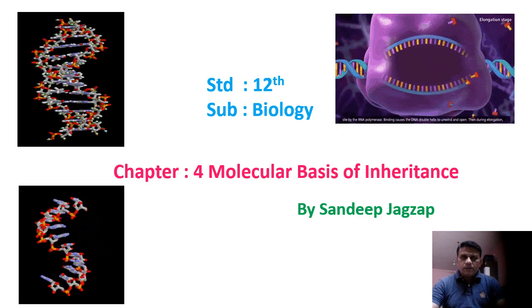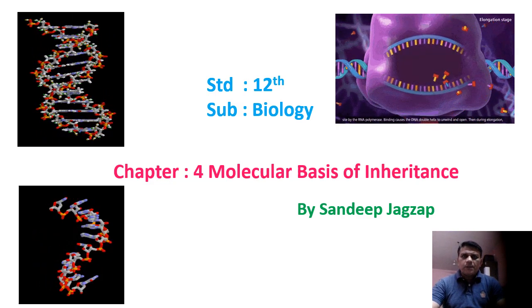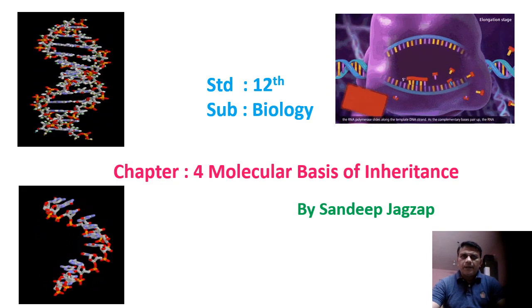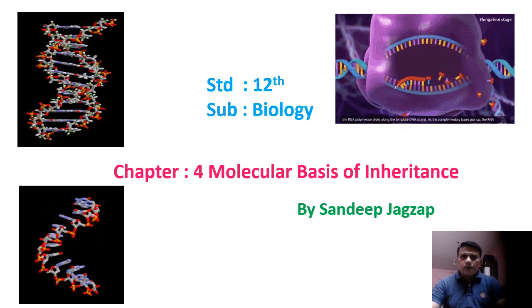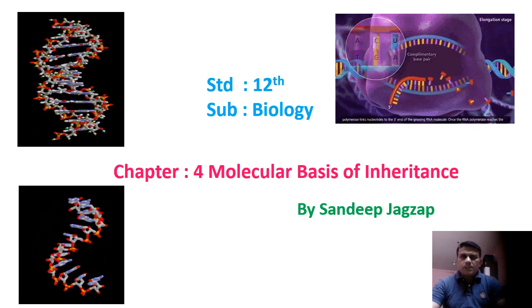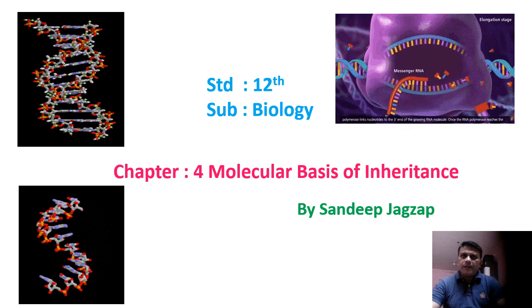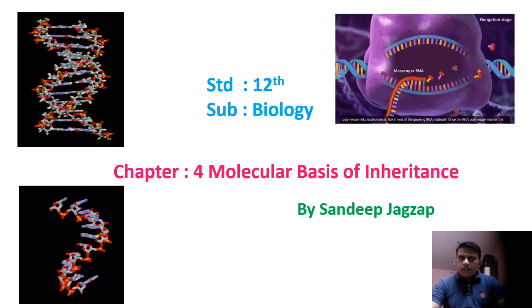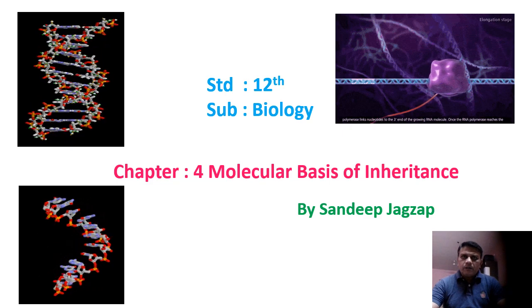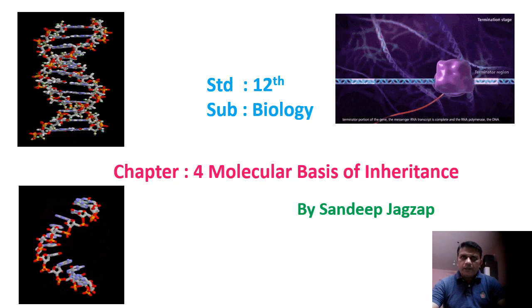Hello students, in this session of chapter number 4, that is molecular basis of inheritance, we are going to learn the topic that is semi-conservative method of DNA replication. In 11th standard, you have already studied the detailed structure of DNA.